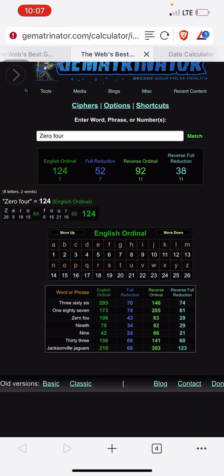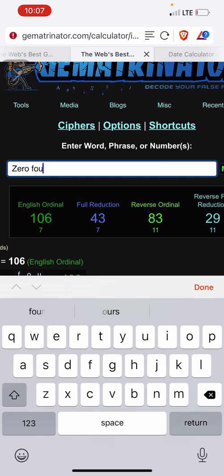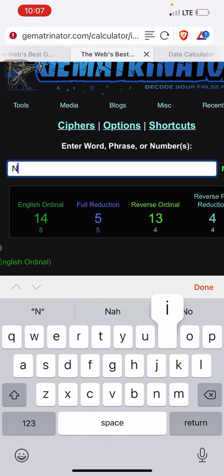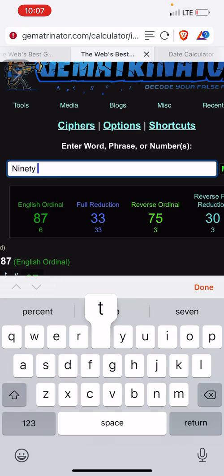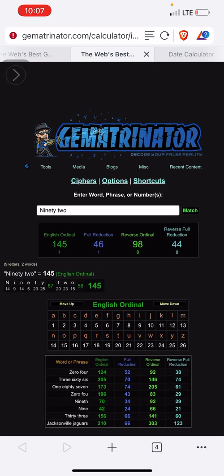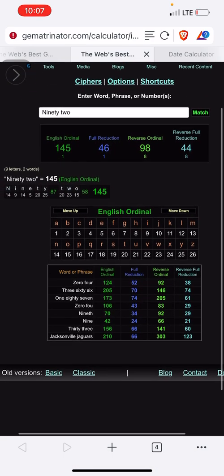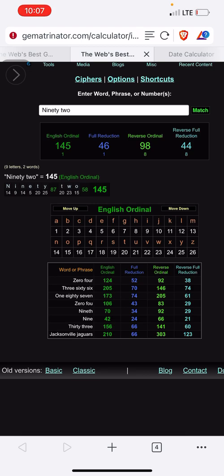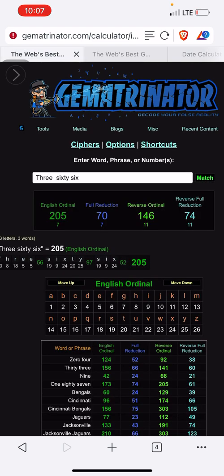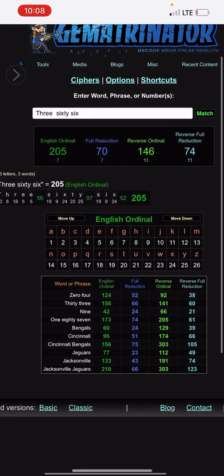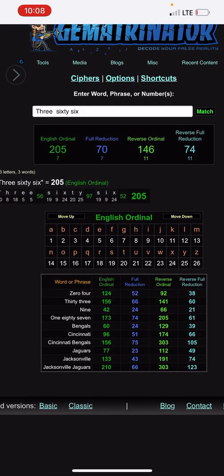Who knows? You could even play around sometimes and spell out 92. Maybe that has some significance. 44, 98. 44, huh? 44 and 98.